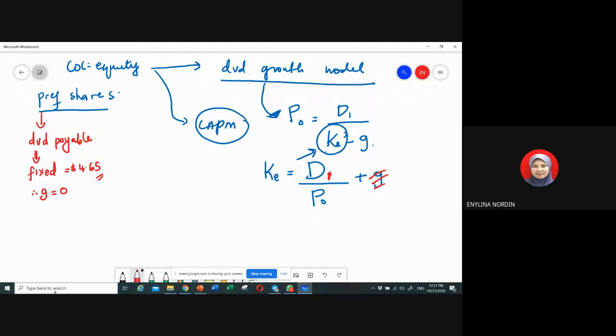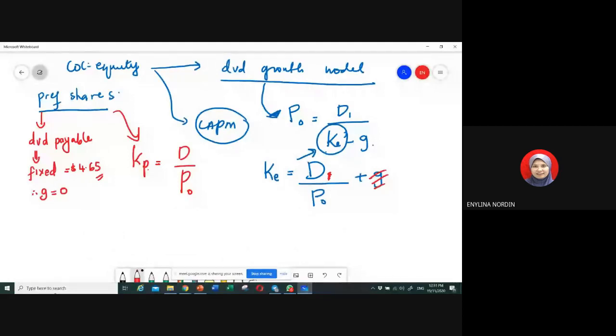So that's why when you want to calculate the cost of capital, which is KP, for preference shares, it equals D divided by the current price of the preference shares. But in this case, we are issuing new shares. When issuing new shares, the company has to bear the transaction cost, so-called what?